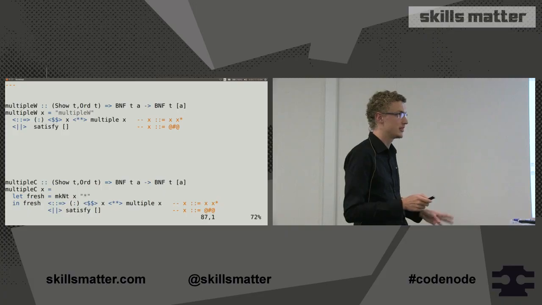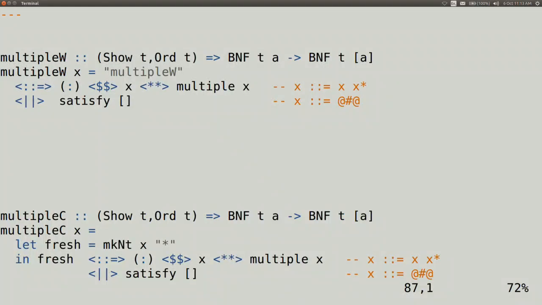Derived combinators are combinators defined in terms of already existing ones. A typical example is the many function in the applicative libraries. I've defined a version here, which I'm calling multiple. We just want to apply a certain parser a number of times.